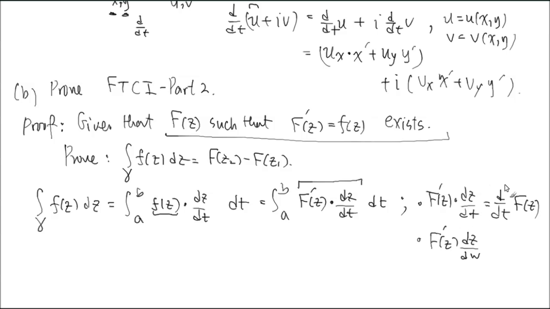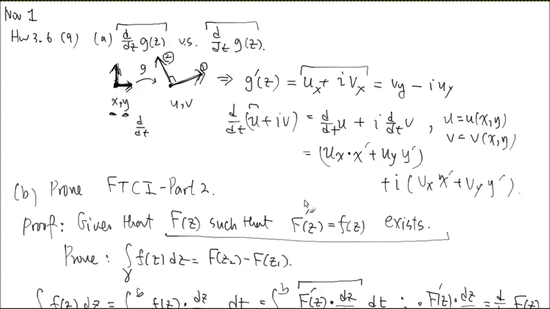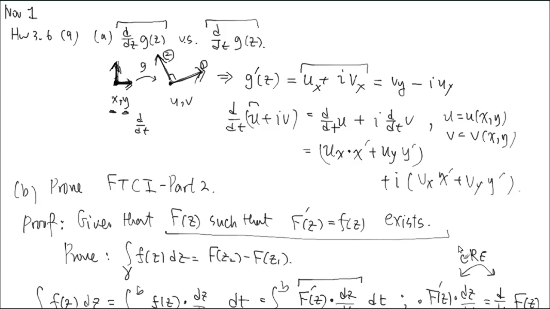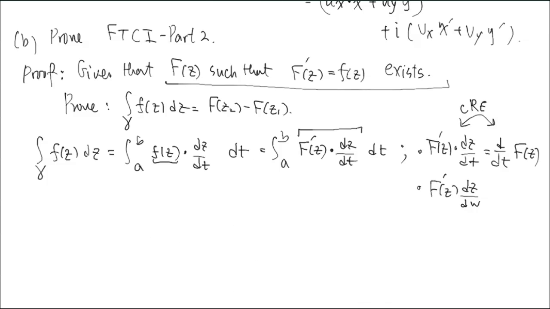You have to establish this through separate calculation of these two things and show they're equal to each other, and in that it actually uses the CRE. It's an absolutely non-trivial calculation. I did that, and if you want to see it, you can verify yourself. In that solution I actually proved this, so I want you to take a look at it. Here I'm going to skip that.